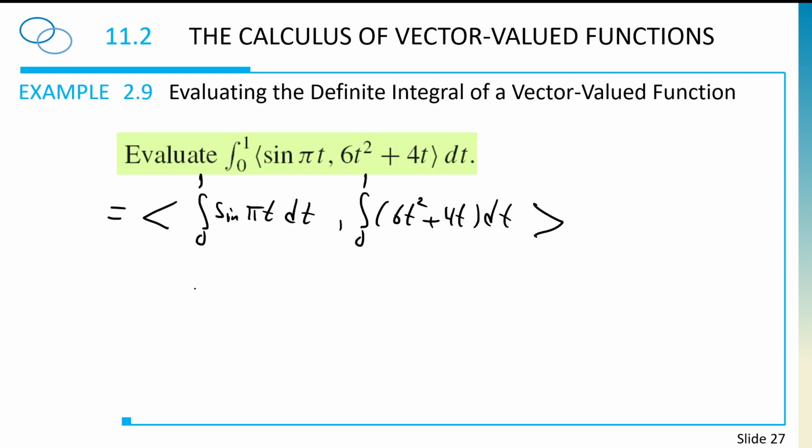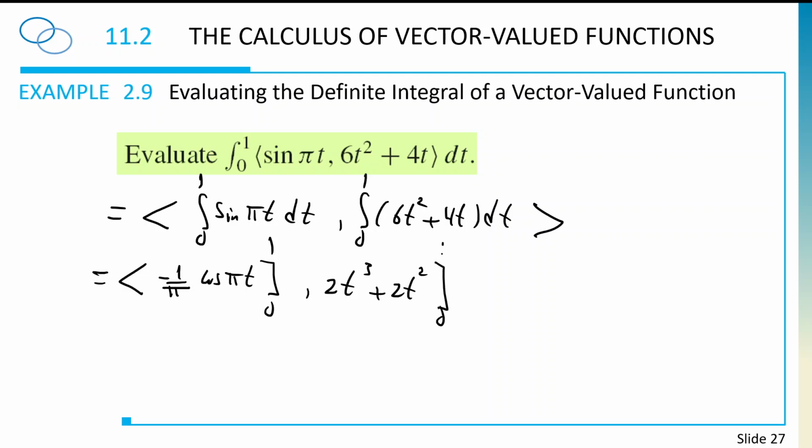Now I'll find the integration one by one. For this integration, sine gives negative cosine, with the derivative, so it's negative 1 over pi cosine pi t. And I'll take the boundaries from 0 to 1. And the second one is 2t to the power 3 plus 2t squared.